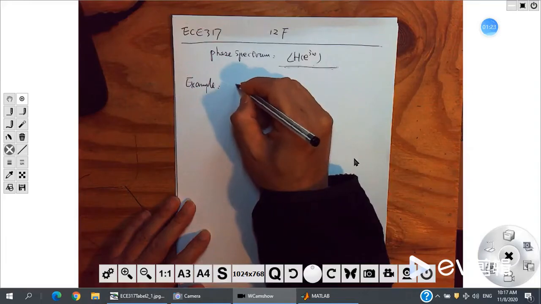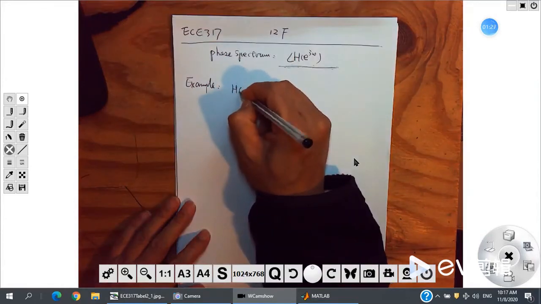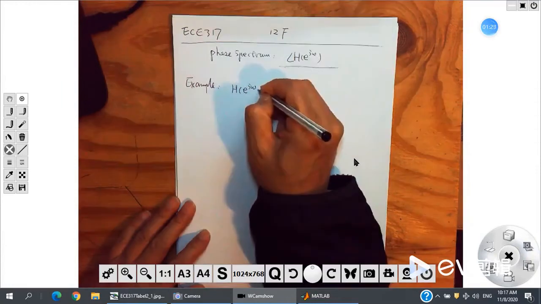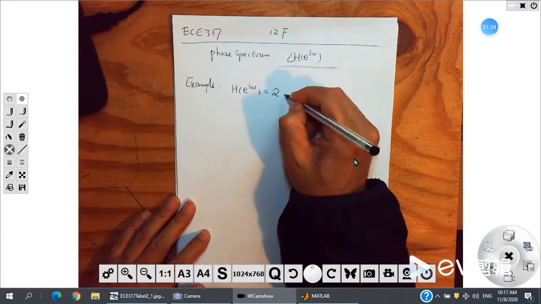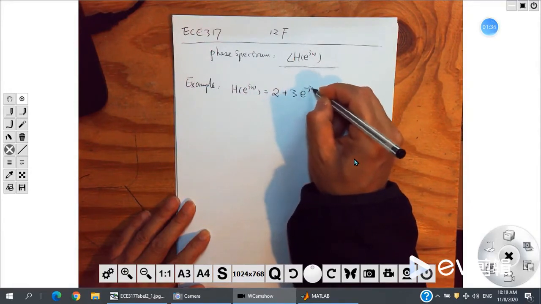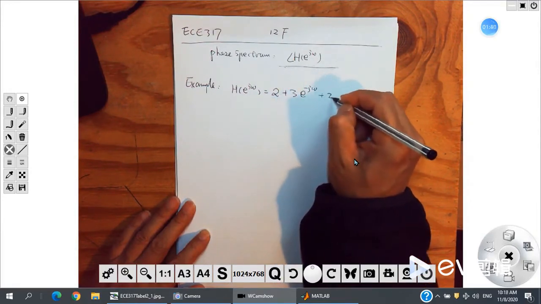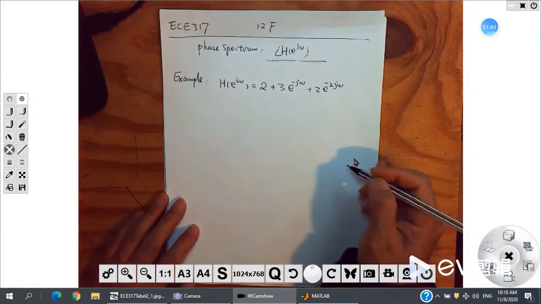Let's consider an FIR filter first. H(e^jω) is an FIR: 2 plus 3e^(-jω) plus 2e^(-2jω). Okay, consider this one.